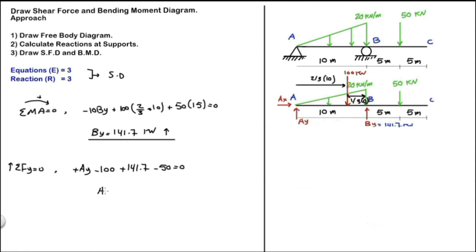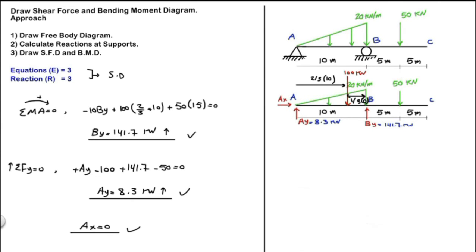Solving for AY equals 8.3 kilonewton, and our assumption is correct. Since there are no loads on the x-axis, AX is equal to 0. Now we have all the reactions, so we are ready to draw the shear force diagram.